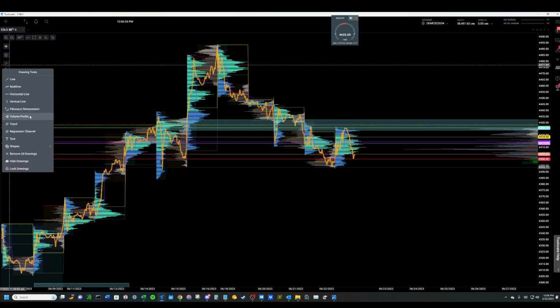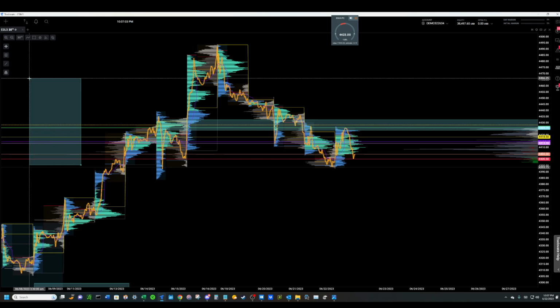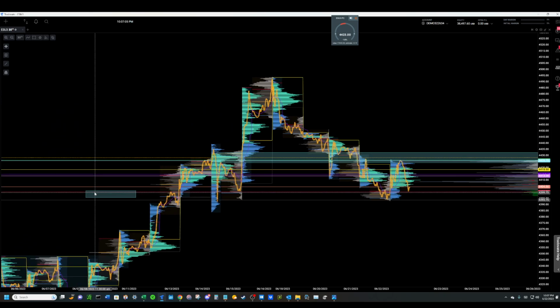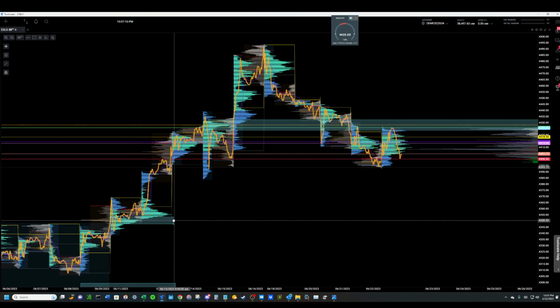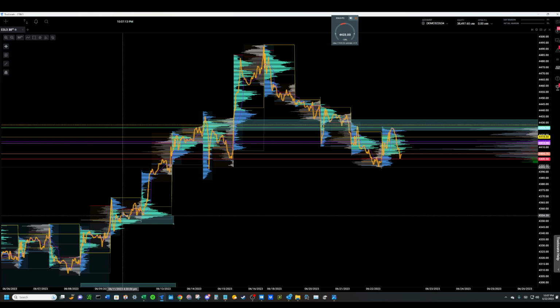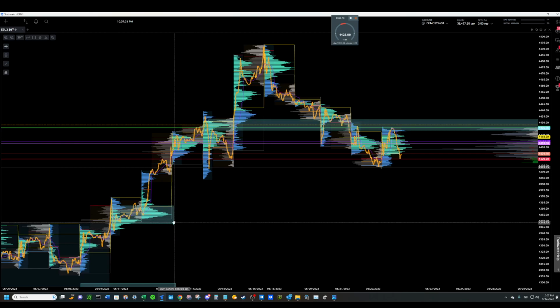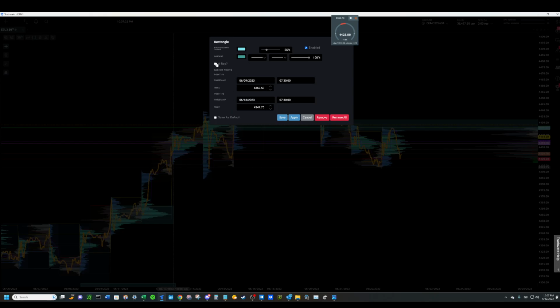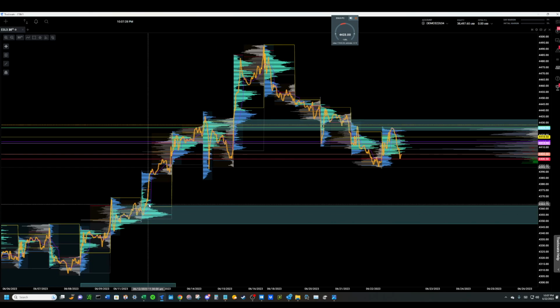So somewhere within this area right here. I could call it whatever. Could say that's like the next area on the way down.